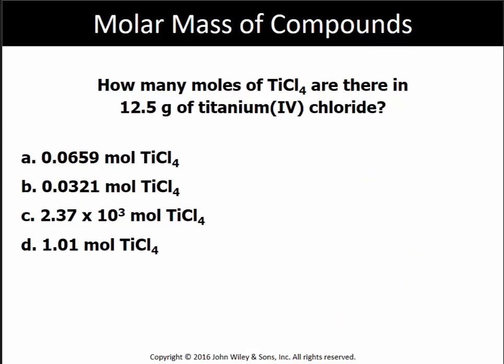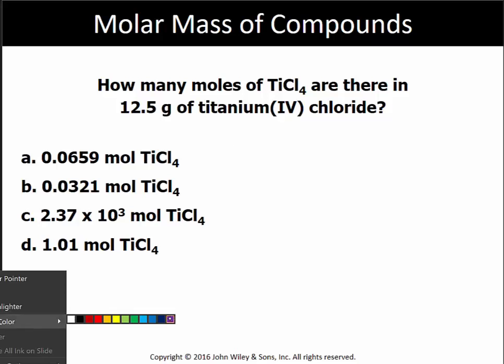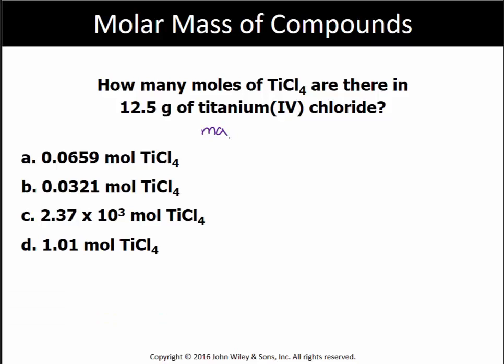Let's look at another example. You want to know how many moles of titanium 4 chloride are in 12.5 grams of titanium 4 chloride. So we need to convert from mass of titanium 4 chloride to moles of titanium 4 chloride. And in order to do this conversion, we're going to need the molar mass of titanium 4 chloride.